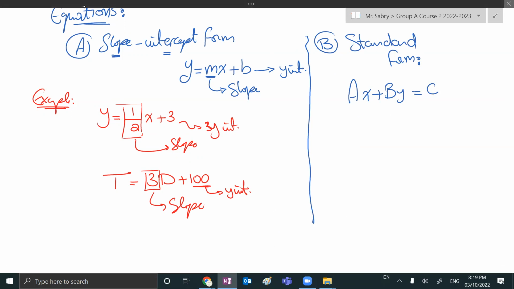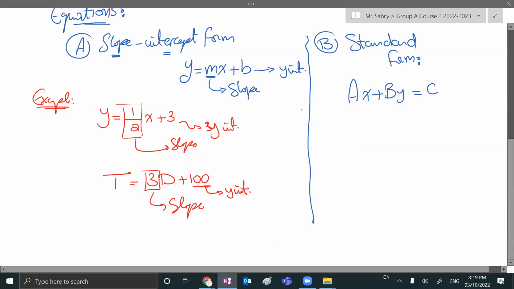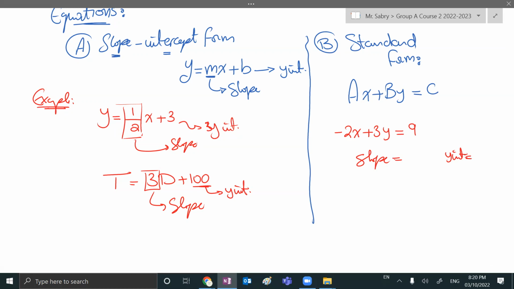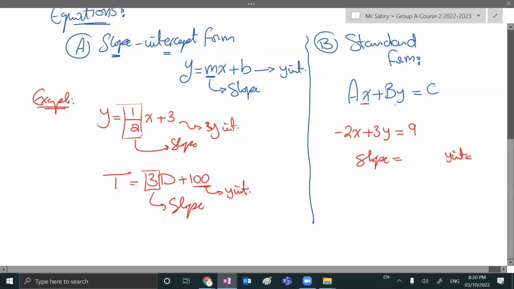An example would be whenever you're given an equation negative 2x plus 3y equals 9, let's say. Then what is the slope and what is the y-intercept? Please notice the difference between both is huge. In the slope-intercept form, y is alone on one side, equals everything. While in the standard form, x and y are on the same side.